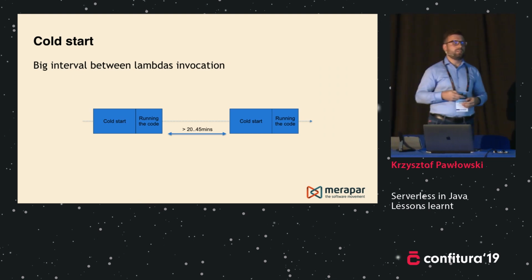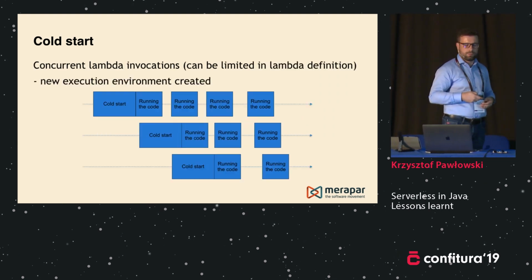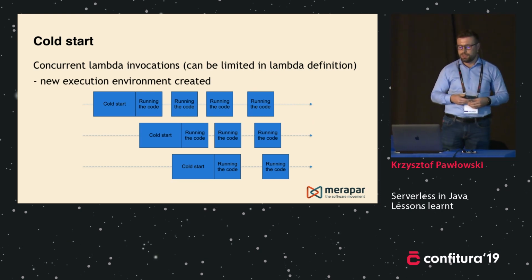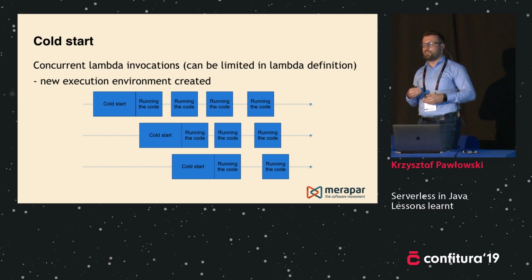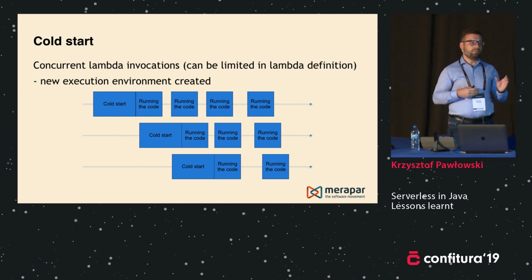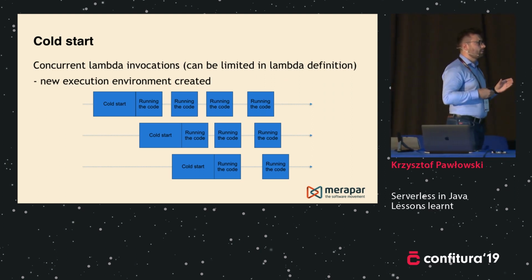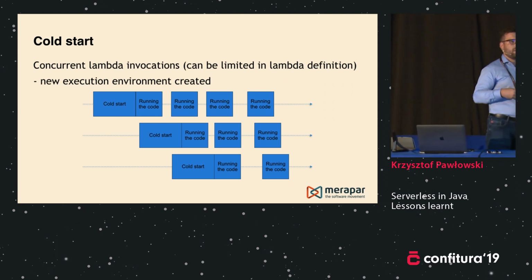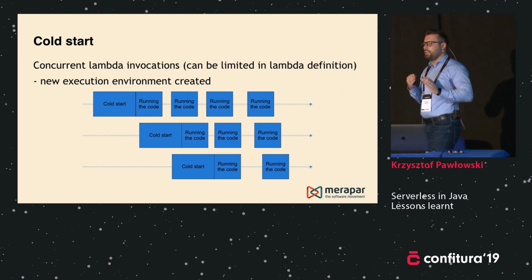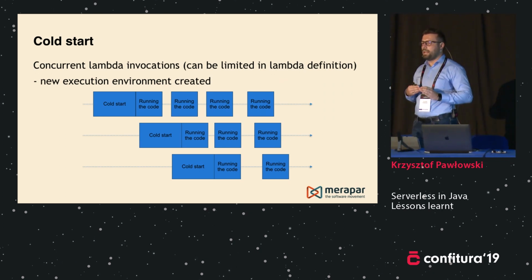But is it the only case where we can experience a cold start? No. Also, when we have concurrent Lambda executions, like in this example, when you have one Lambda function running and the execution hasn't finished yet, and you trigger another Lambda execution, then you will see that a new execution environment will be set up.